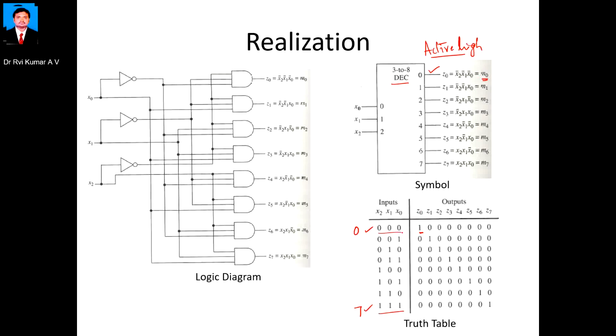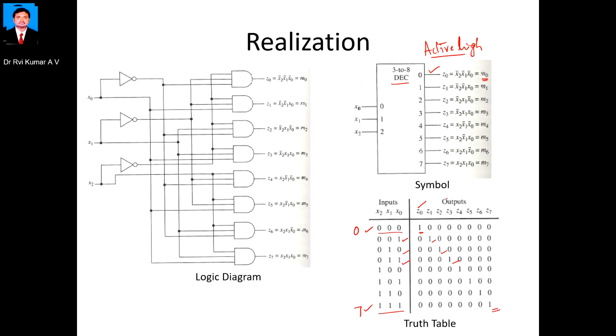So for 000, Z0 responds as 1, that is coded into another form, and 001 gives Z1, 2 gives Z2, and 3 gives Z3. Like that, all the input combinations will be converted into another form of coded outputs.